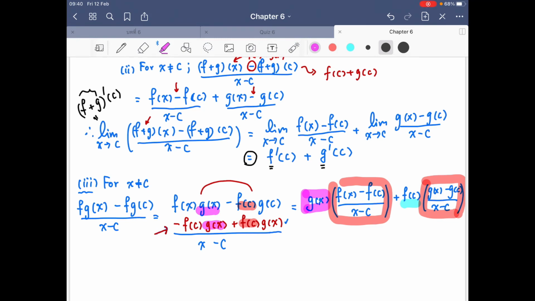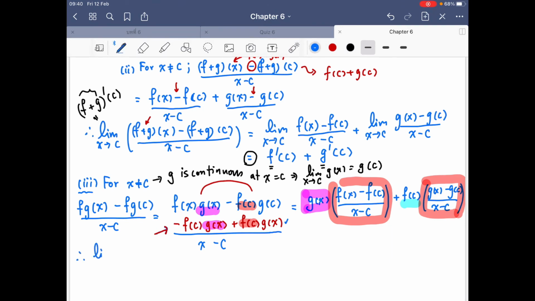But we just proved that if g is differentiable at the point, then don't forget that g is also continuous at the point x equals c. So the limit as x goes to c of g(x) exists, and it equals the function value g(c).